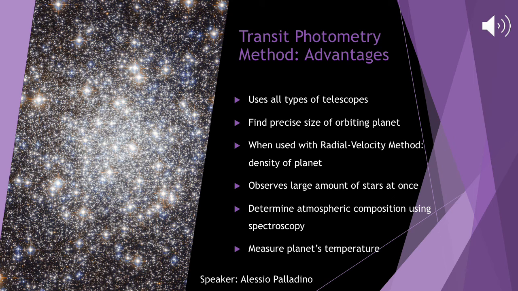This can provide some indication as to the composition of the atmosphere. Astronomers can measure the planet's temperature by taking the star's photometric intensity before and after the planet passes behind the star. In summary, the transit method can offer us much more information about a planet than the radial velocity method can.